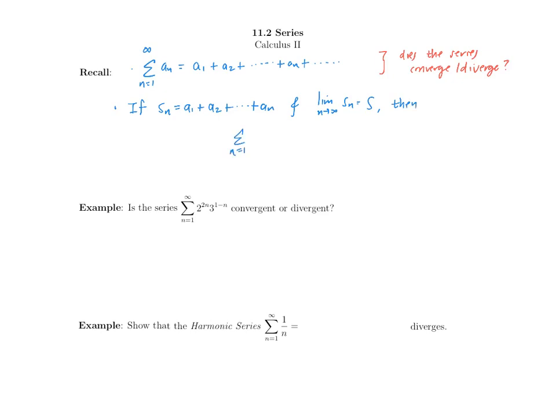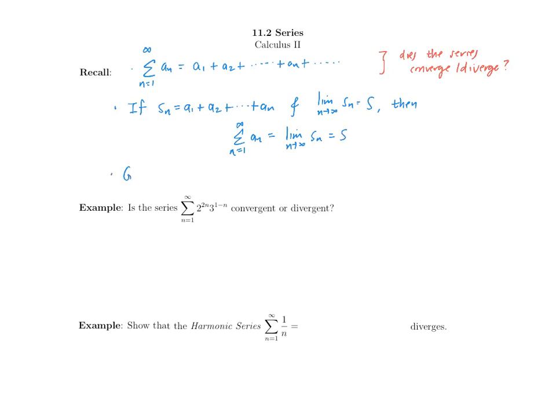That is, the sum from n equals 1 to infinity of a_n is the limit as n approaches infinity of s_n, so kind of like an improper integral we mentioned before, which is S.